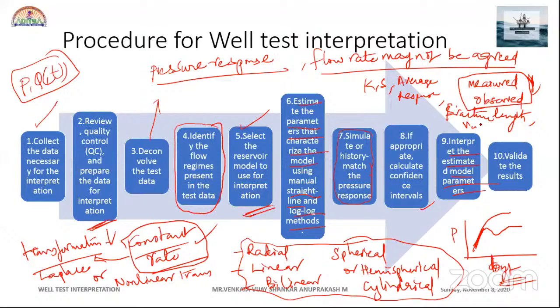In certain cases, you will have vertical and horizontal permeability as well. Some can also evaluate the porosity. So what is the validation of the result? We already know the previous trend of this. So again, we are checking whether it is matching or deviating. That will give you the validation of our result.